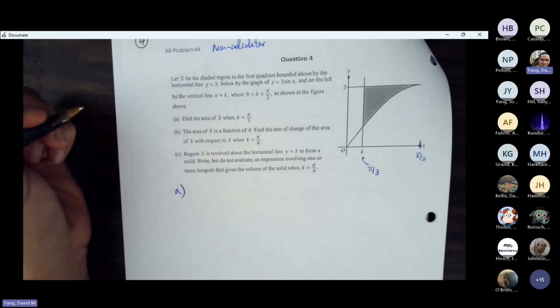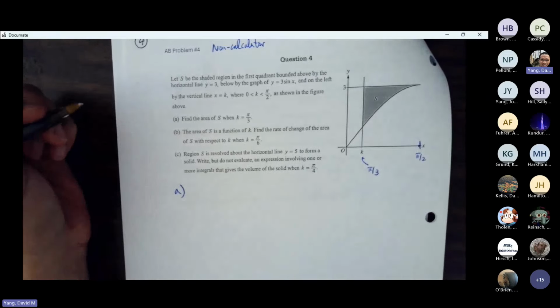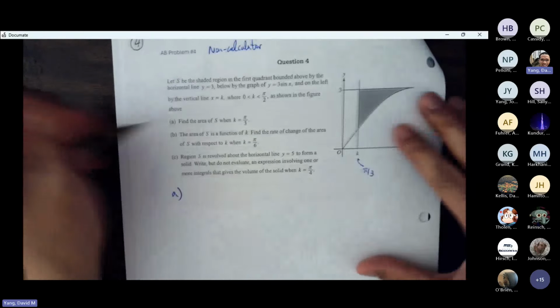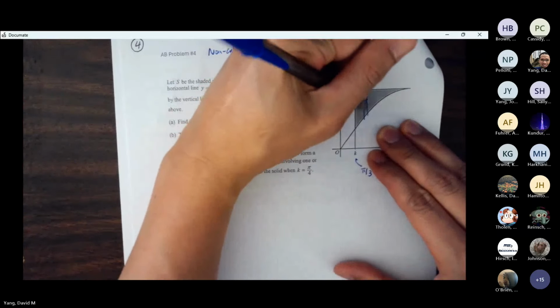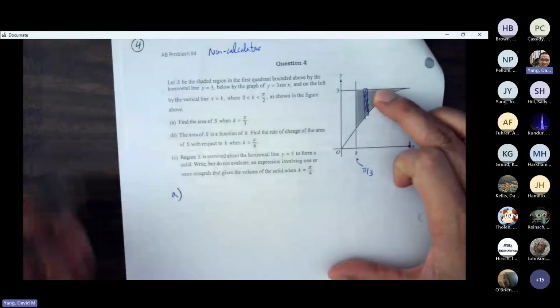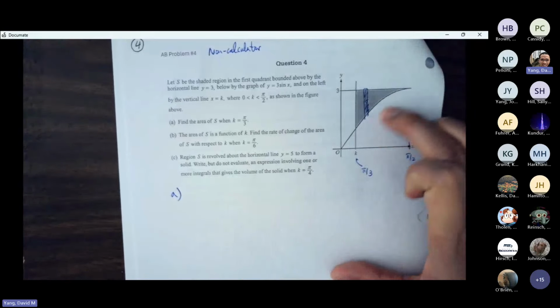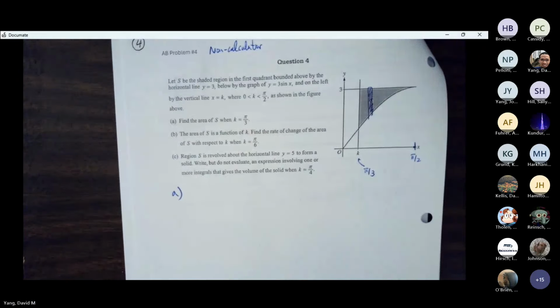Okay, so area is just the definite integral of the top graph minus bottom graph, right? Top is sitting at the 3, the bottom is sitting on that 3 sine of x.